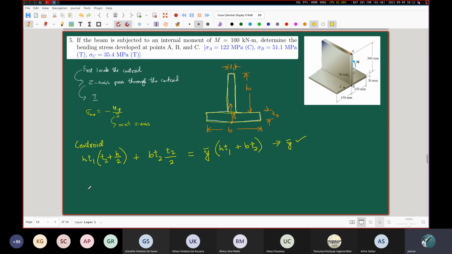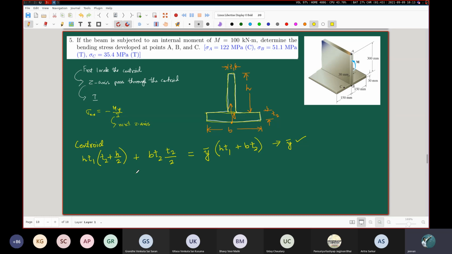Now, regarding the second moment of area, because for this problem you have been asked to find the bending stress, and the bending stress can be found at different points. You have been asked about A, B, and C. Only if you know the second moment of area, or the area moment of inertia, of the entire cross section.